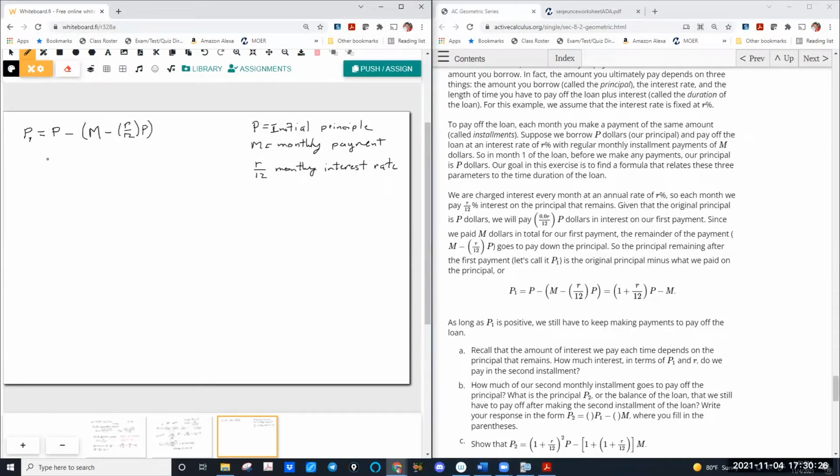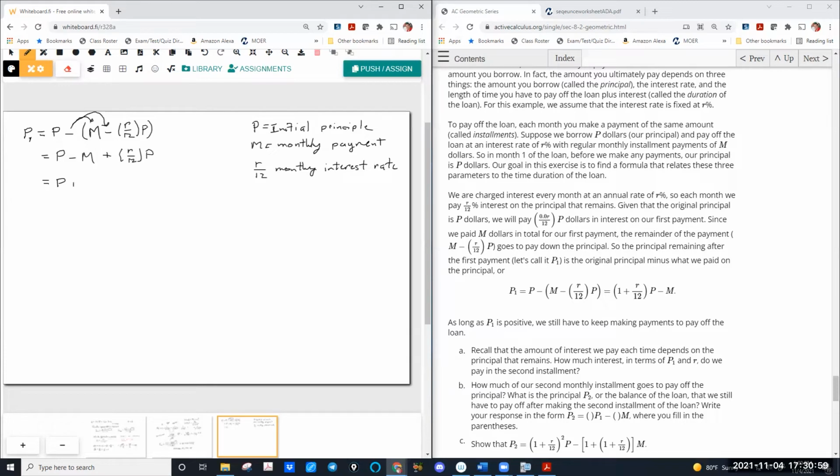Now, what we're going to do is we're going to rewrite this. And this is, again, not something I expect you to know or memorize or anything like that. I'm doing this because I want you to see where the pattern comes from. So I'm going to distribute this negative. So P minus M, that becomes plus R over 12 times P. And I'm going to group those terms with the P in it.